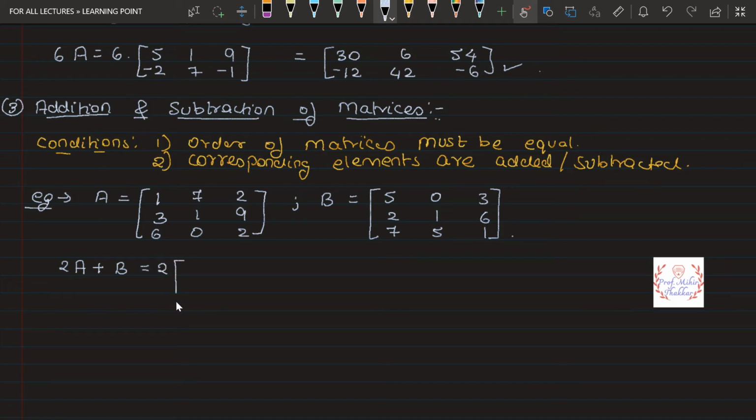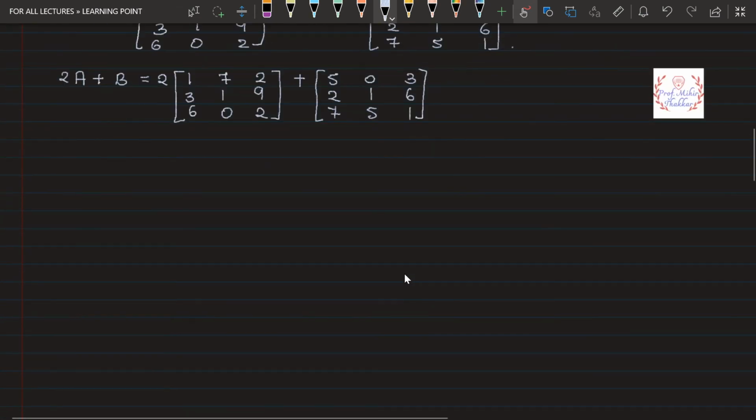So it will be 2 into the same matrix over here, 1 7 2 6 0 2 5 0 3 2 1 6 and 7 5 1.